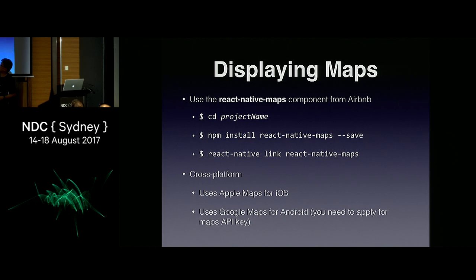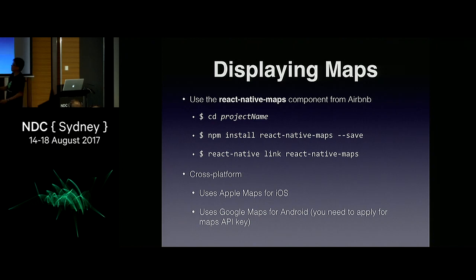You do a npm install React Native Maps. So basically, you download that module into your current project, and then you do a link. Link will update your Android project, your iOS project, your Xcode project, so that they have the required libraries in your project. So generally, this applies to most of the components that you will encounter.